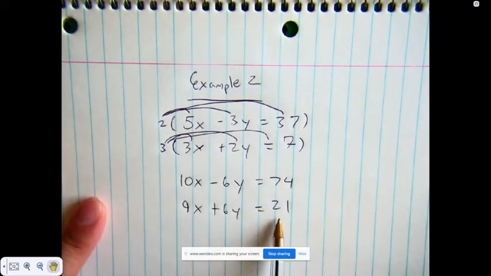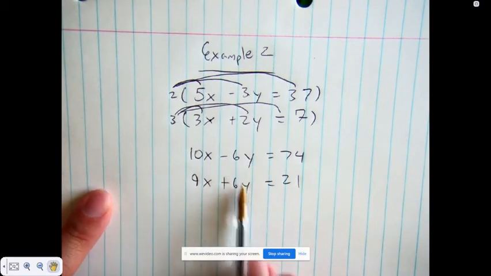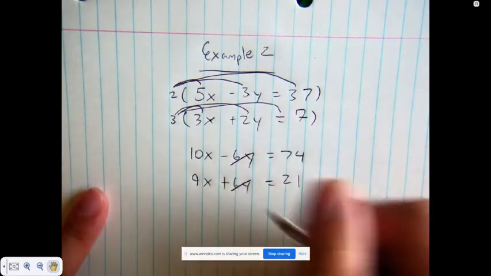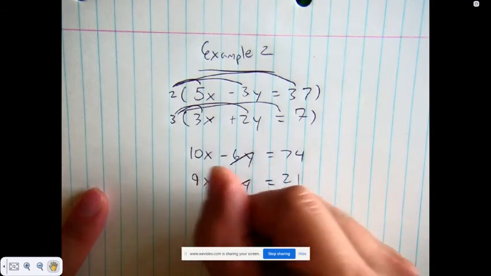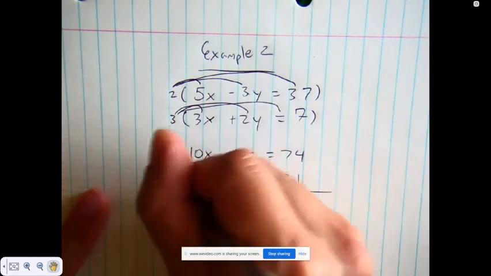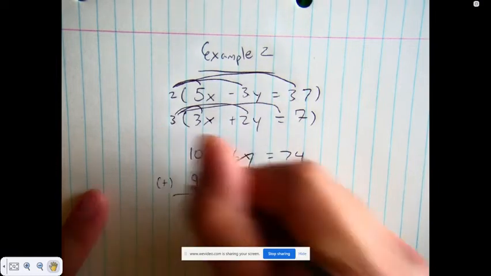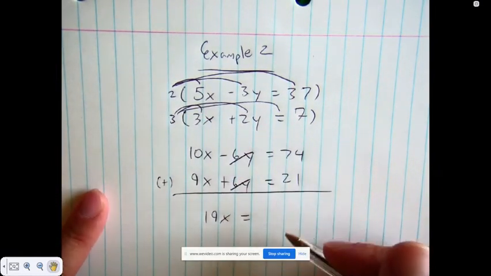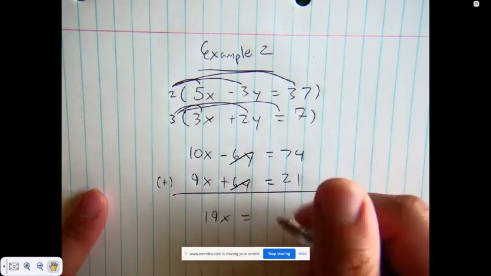Now, as you can see here, we have the same coefficient but the opposite sign for the y variable, which means that we can go ahead and cancel them out. And then we have 19x is equal to 95 on the right side.